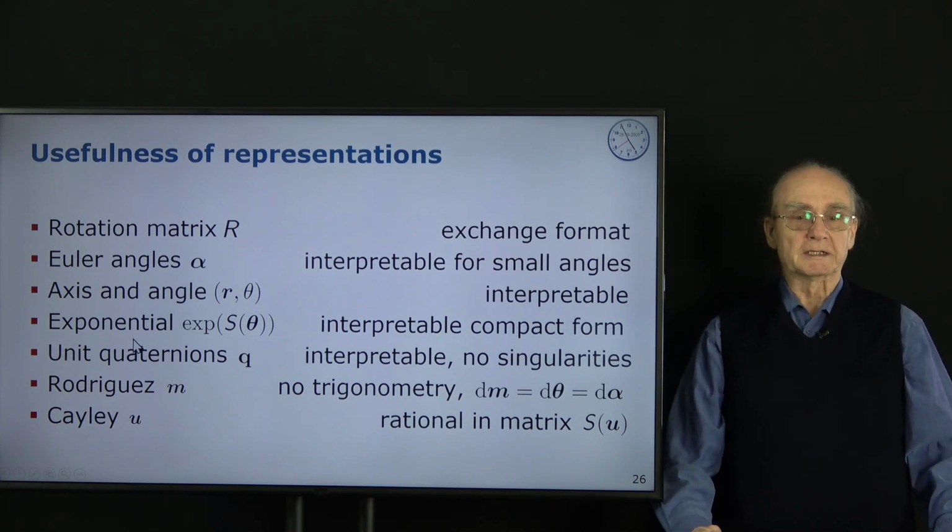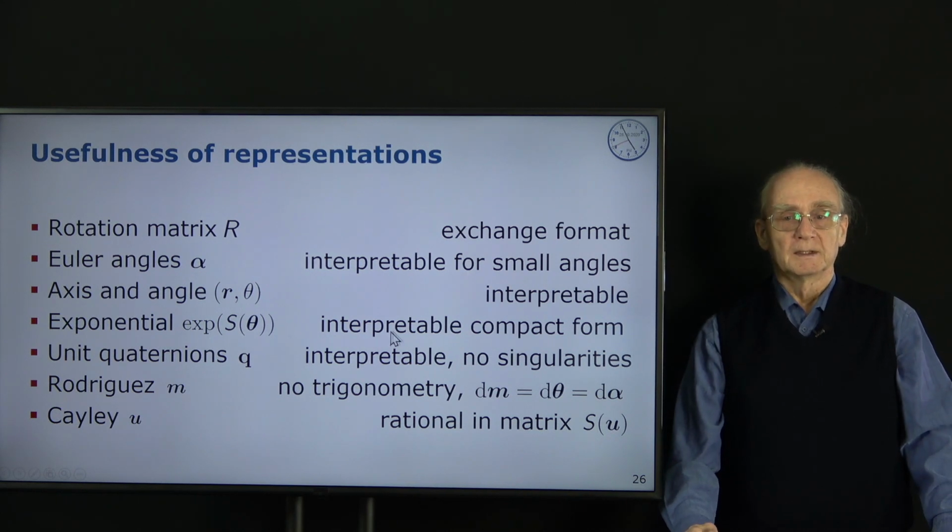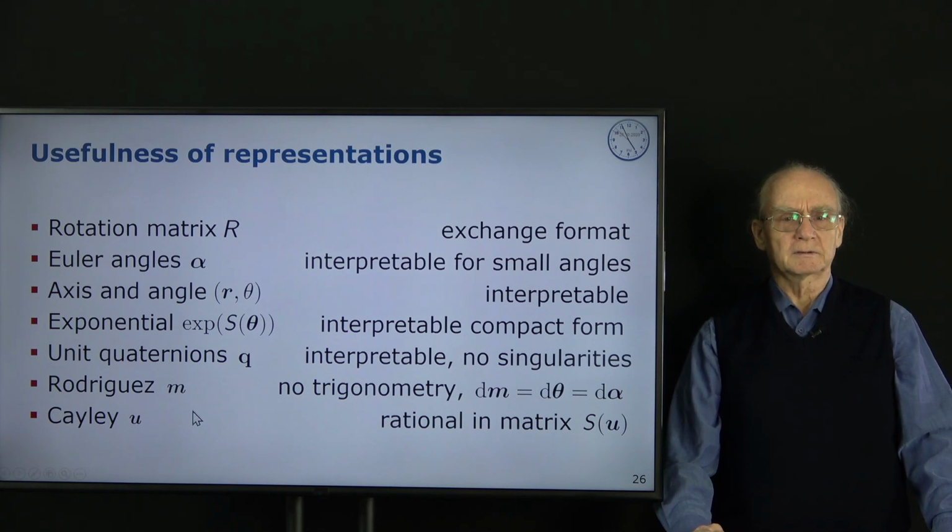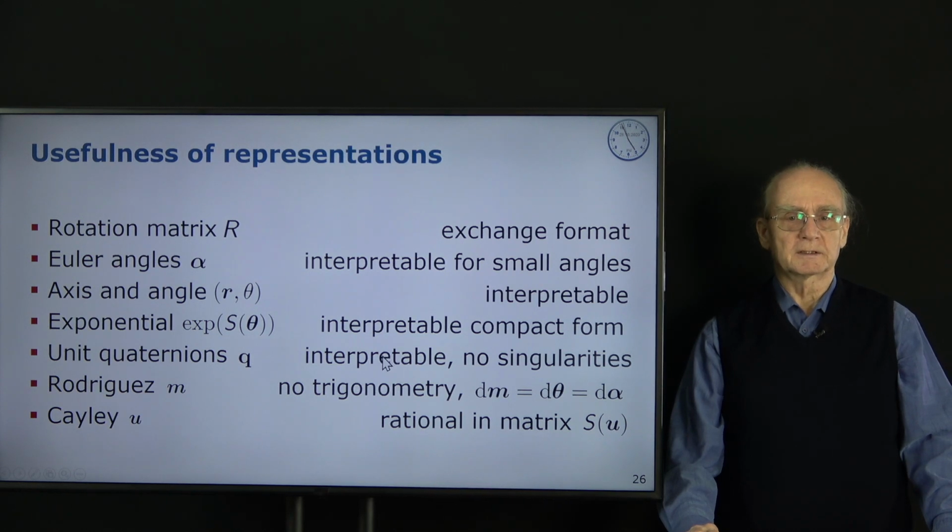Then we have the exponential representation. It's the most compact form for the rotation matrix, and it's interpretable because we have the direct relation to the axis angle representation. The other three elements have no trigonometric terms. The quaternions are directly interpretable, and they have no singularities, so we can use them in all cases.